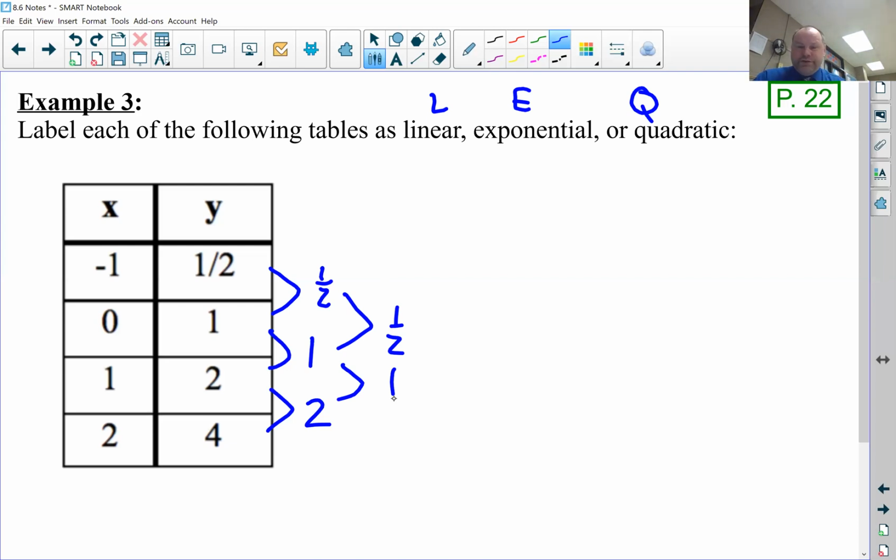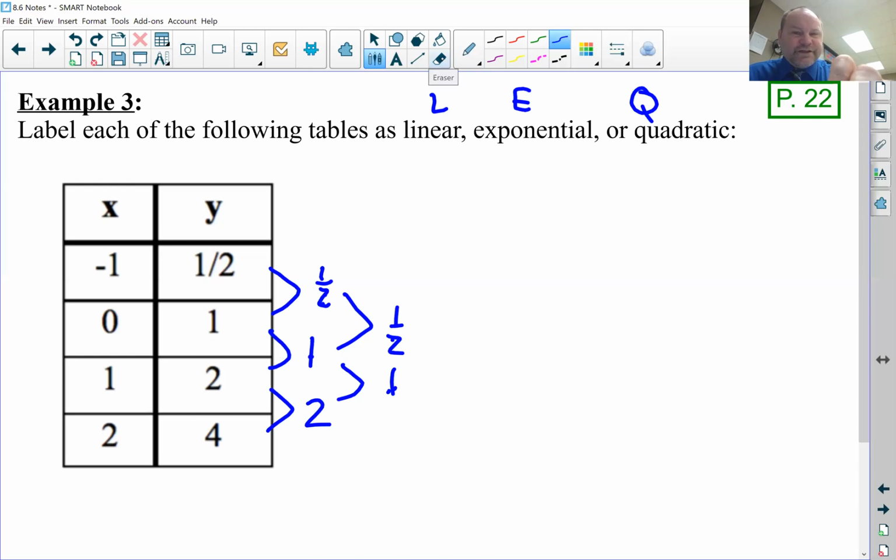But one thing to notice: the first value in the first difference and the second difference are the same. The second value in the first and second differences are the same. Kind of interesting.